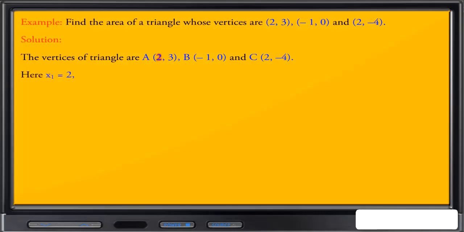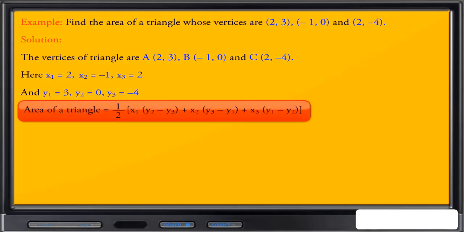Here, x1 is equal to 2, x2 is equal to minus 1, x3 is equal to 2, and y1 is equal to 3, y2 is equal to 0 and y3 is equal to minus 4. We also know the area of a triangle is equal to 1/2 into [x1(y2 - y3) + x2(y3 - y1) + x3(y1 - y2)].